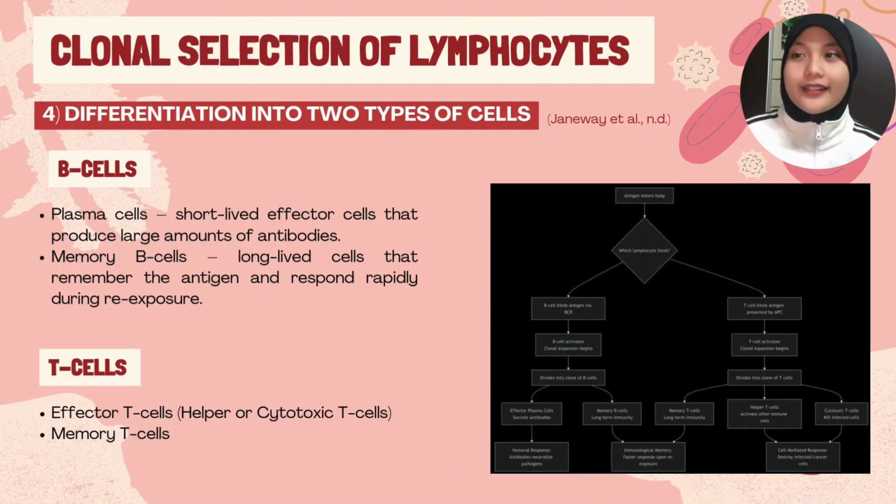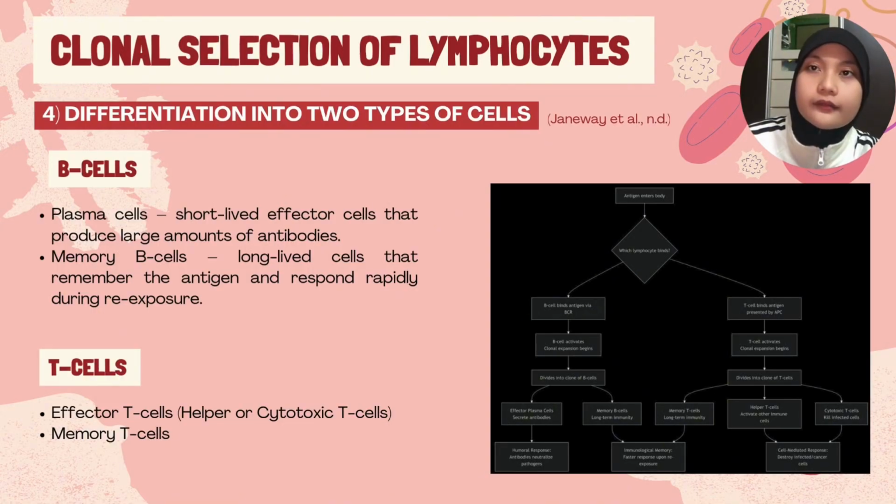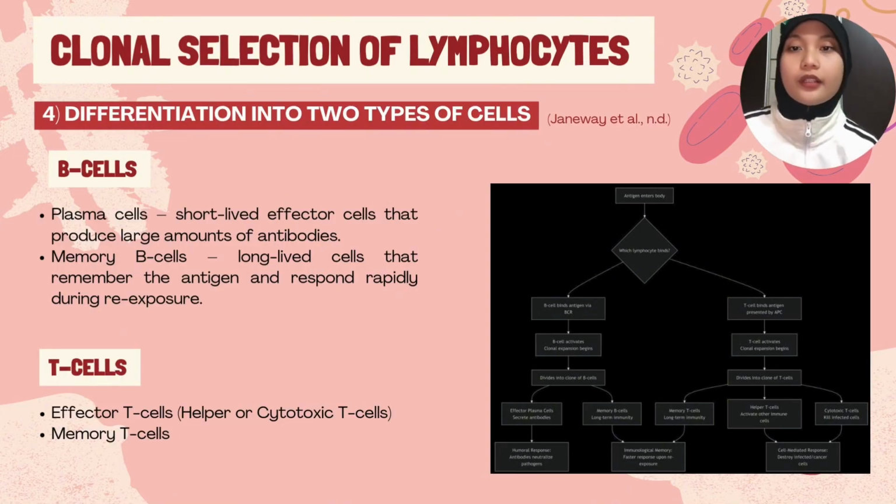The plasma cells are short-lived effector cells that will produce a large amount of antibodies, while the memory B cells are long-lived cells that remember the antigen and respond rapidly during re-exposure. And for the T cells, we have effector T cells, as helper or cytotoxic T cells, and memory T cells. In the picture below, you can see the clonal selection of the lymphocytes.